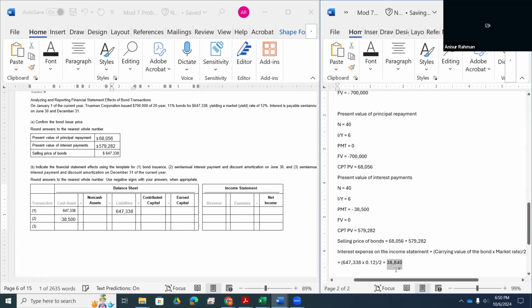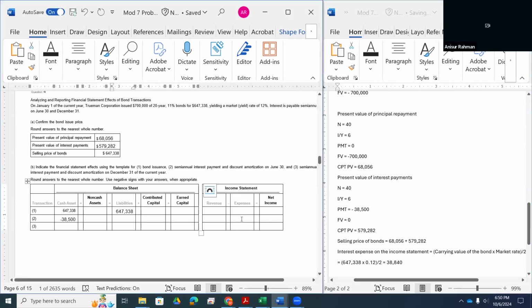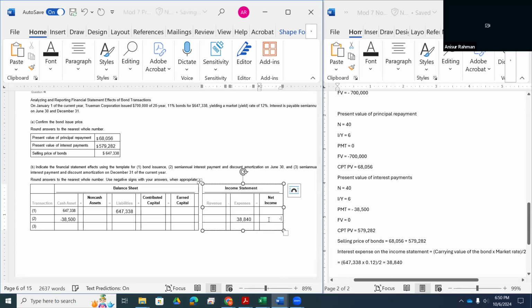So that is your interest expense for income statement. So this will increase the expense. So this amount will increase the expense, or expense will increase by this amount. So that means net income will decrease by this amount.